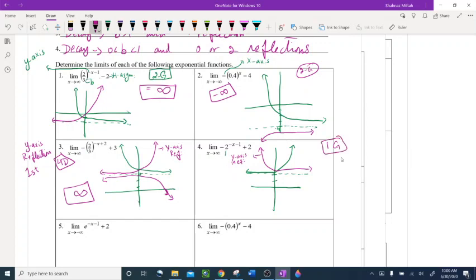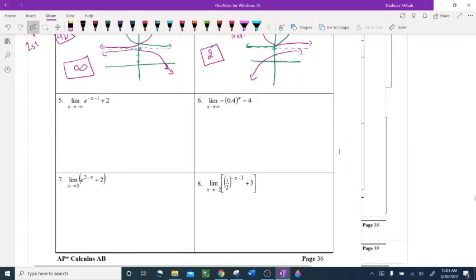So it's going to flip across this x-axis, and I have to make it positive, positive, positive slope. That's how this is going to go for number 4. If I'm approaching positive infinity, where is my y value going? Plus 2. So this is 2.